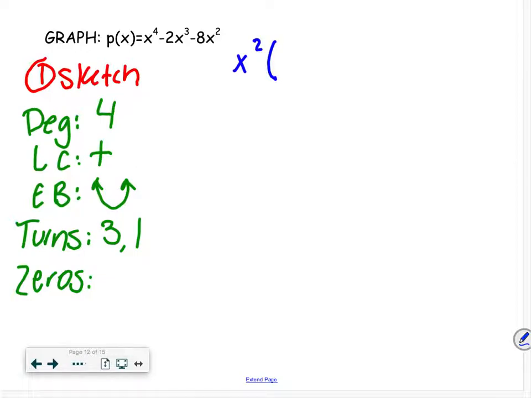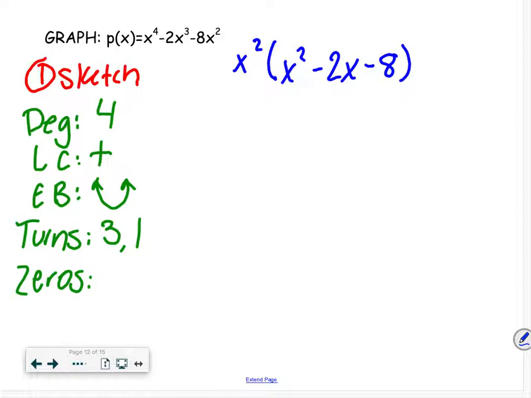If I do that, what's my new first term? X squared. What's my middle? Minus 2x. And my last? Minus 8. Not x, just 8. Okay. I want to see if I can break it down into more parentheses.